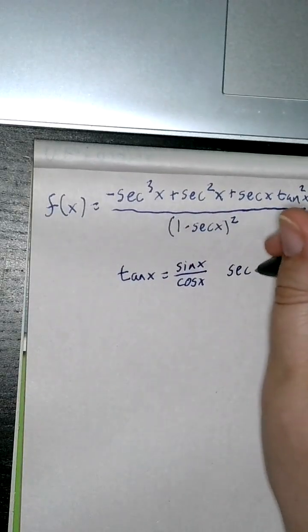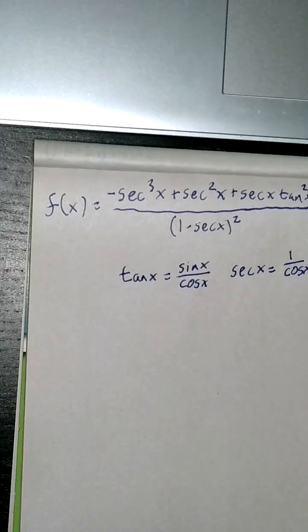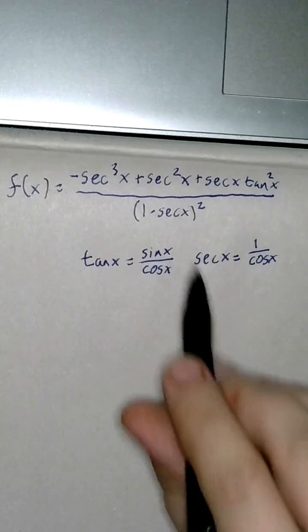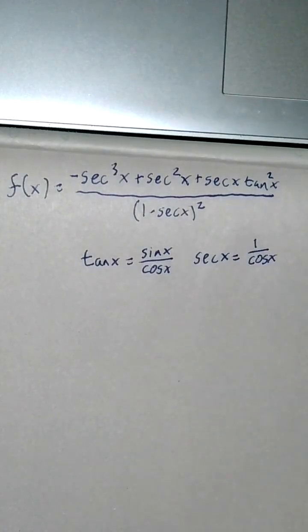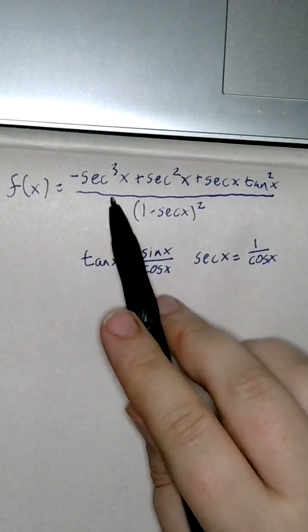And secant is equal to 1 over cosine. Does that help at all? So this would just be sine cubed over sine squared over cosine cubed. This would just be 1 over cosine squared.